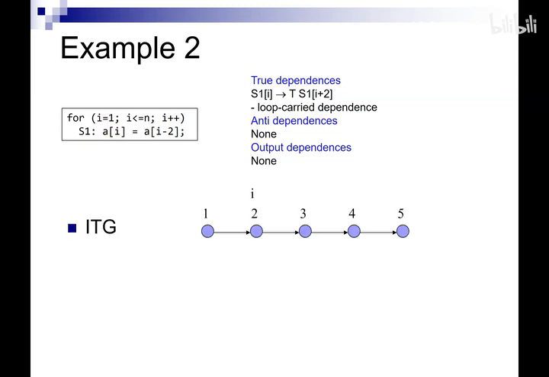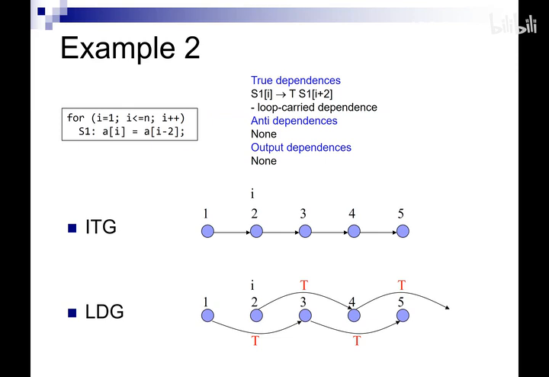Okay, so now let's form the ITG and the LDG. Since you only have a single for loop here, the ITG is just a line like this. And the LDG is that we have all of these iterations of I, right?